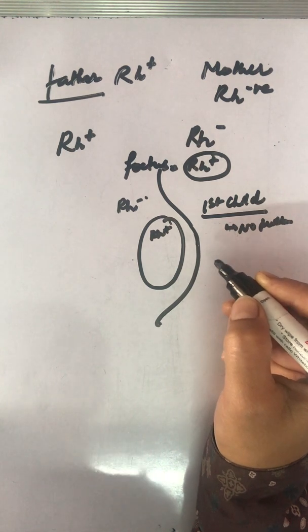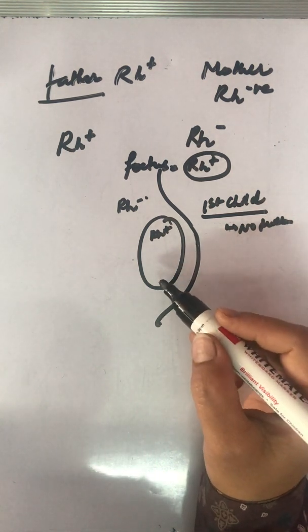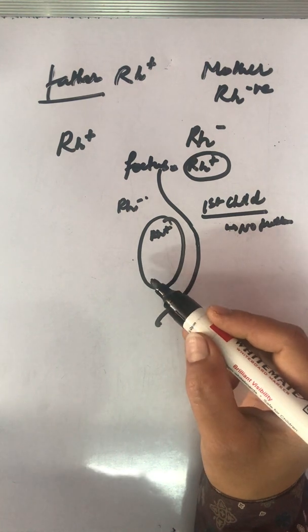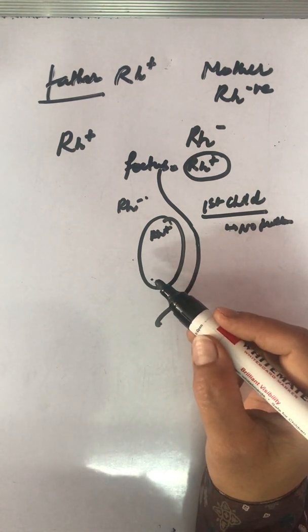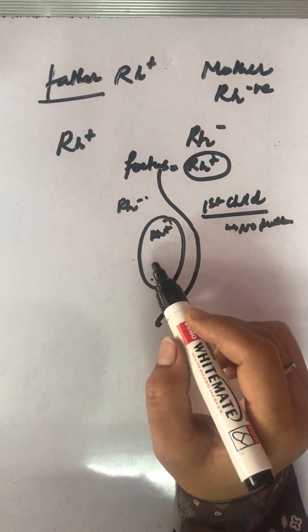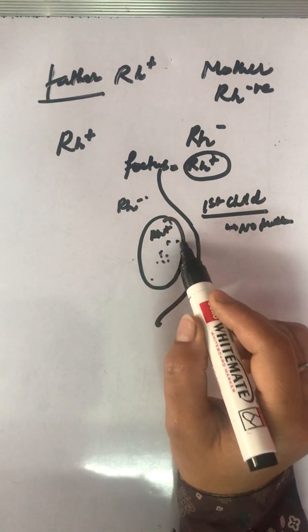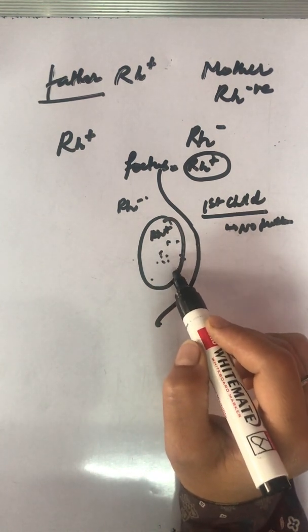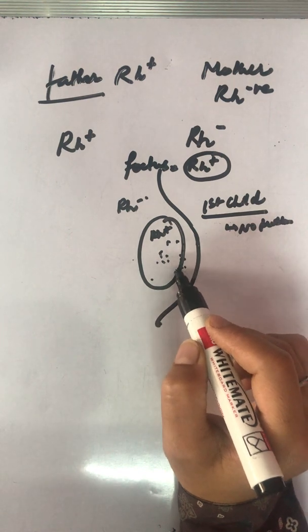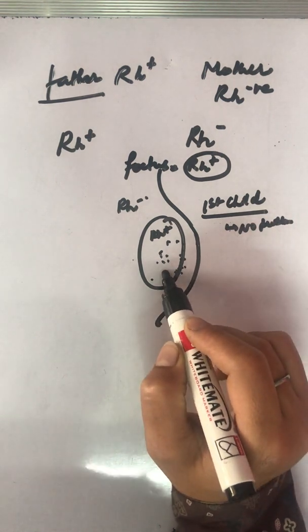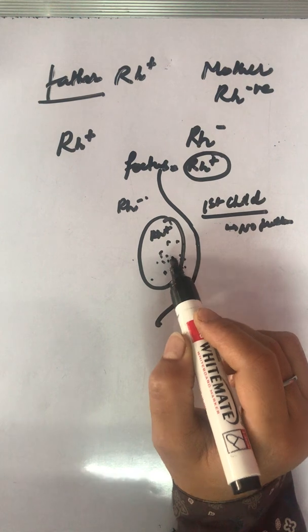Why? Because the Rh positive blood of the fetus stimulates the formation of antibodies, or anti-factor, in the mother's blood, but at that moment the anti-Rh antibodies are not yet produced in enough quantity to harm the fetus.